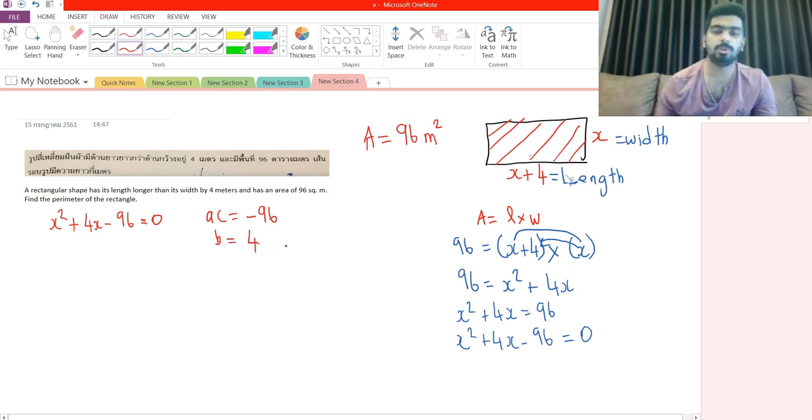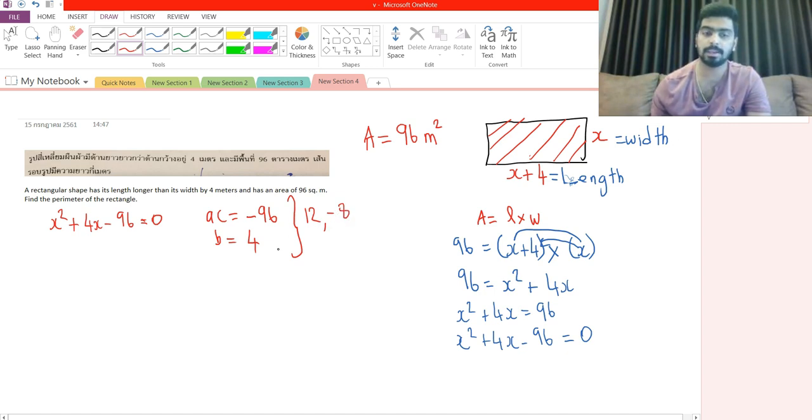What we need to do now is find two numbers that multiply to give us negative 96 and whose sum is 4. Let us think about it. The two numbers are 12 and minus 8, right guys?